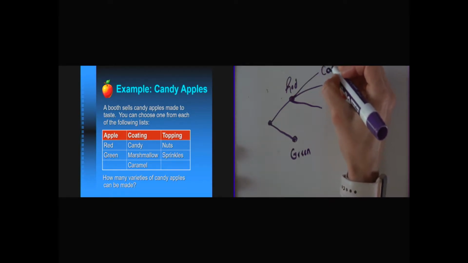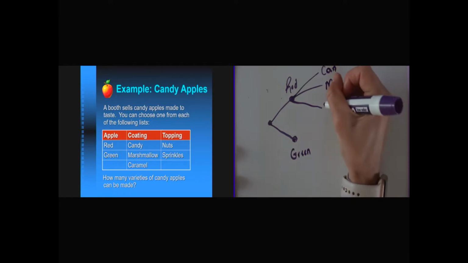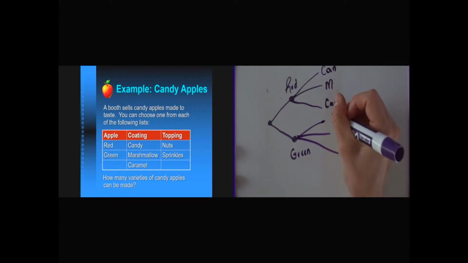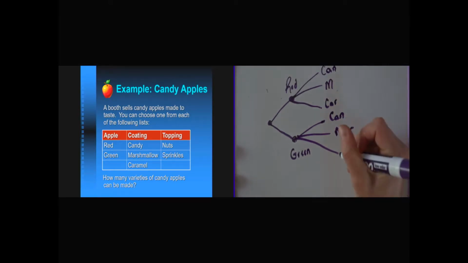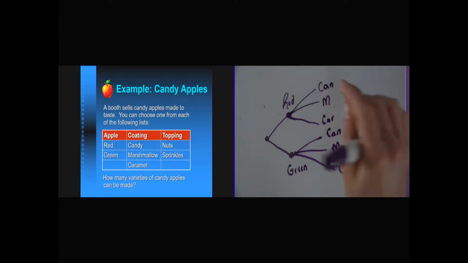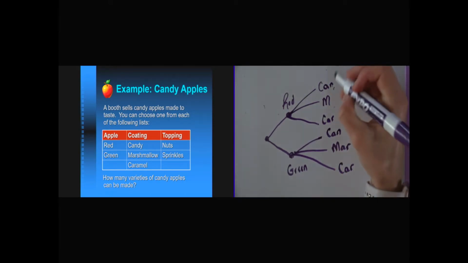So I'll put CAN for candy, and then I'll put CAR for caramel. Okay, and then it's the same thing with green. If you get the green apple as your base, you can get candy, marshmallow, or caramel.